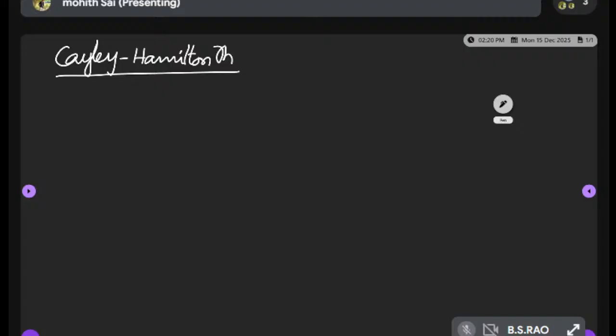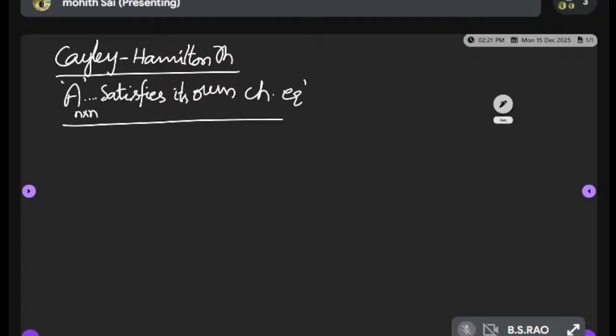Its own characteristic equation. See here, this is the Cayley-Hamilton theorem.